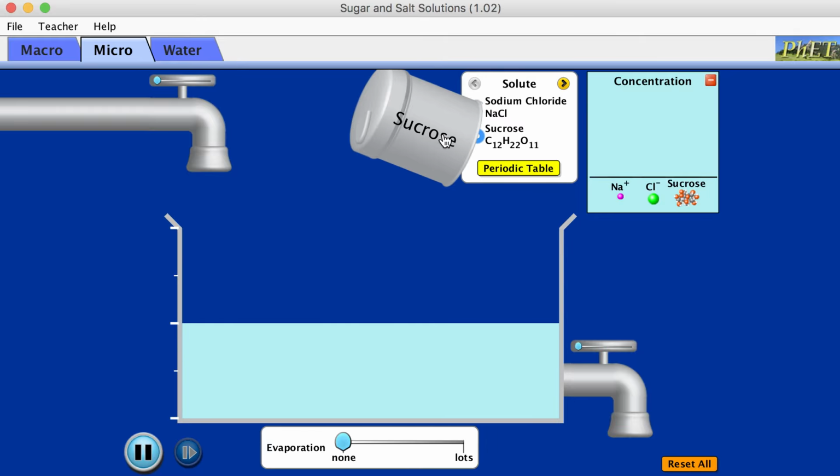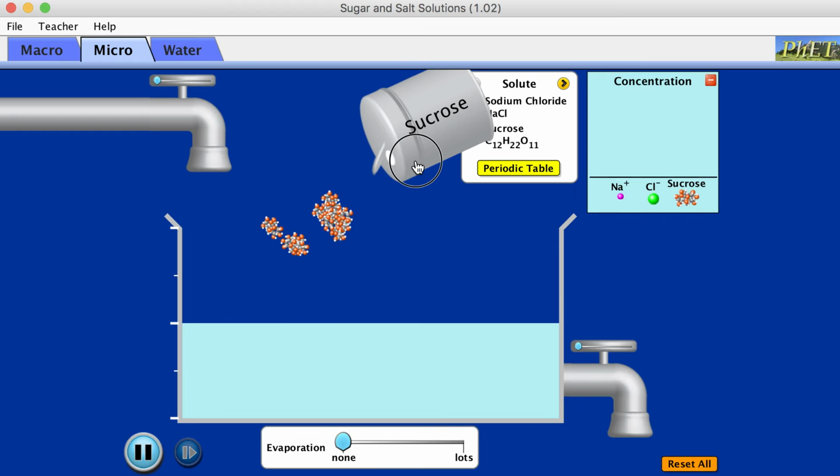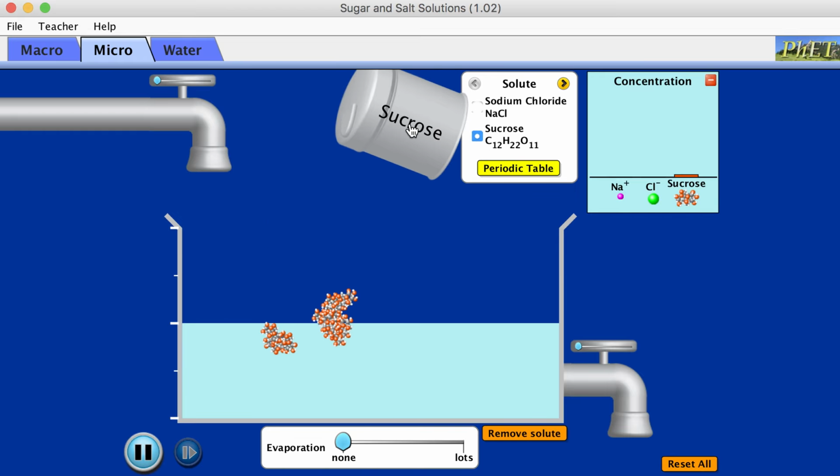So if we shake sugar down into the water, we can see the sugar molecules separate from the other sugar molecules, but they don't actually dissociate. So the molecules themselves don't break apart. If we were writing this in an equation, we would write the chemical formula for sucrose and then put aqueous after it because the sugar molecules got dissolved in the water.